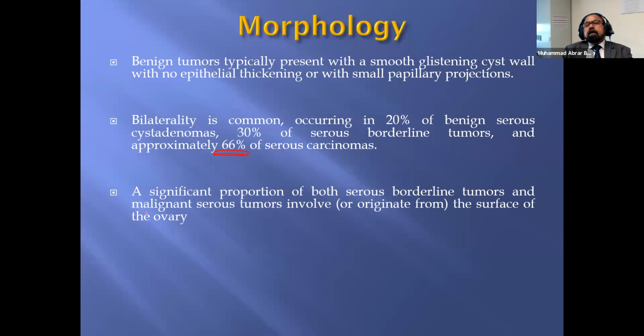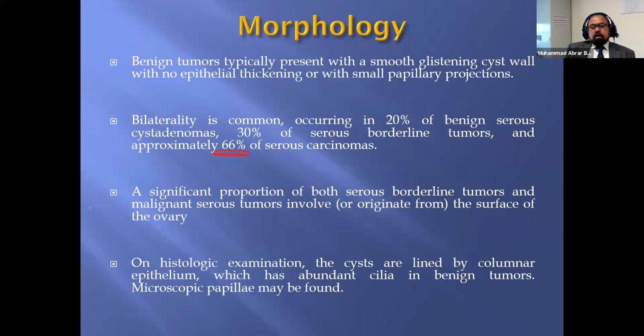But if you are handling a gross ovary after operation and you see some thick areas, irregular areas, not shining, you will think either it's borderline or malignant. On histological examination, the cysts in benign tumors are lined by columnar epithelium, which has abundant cilia, and microscopic papillae may be formed.